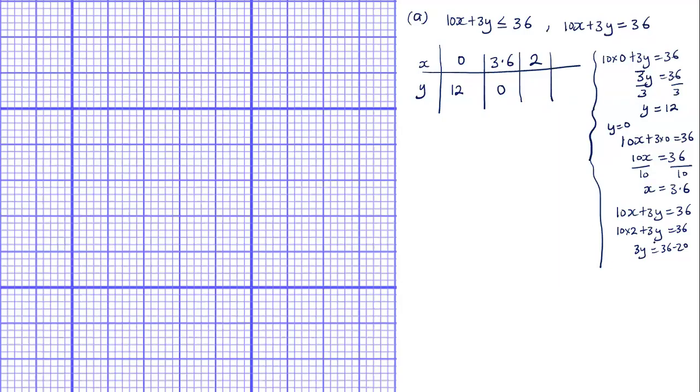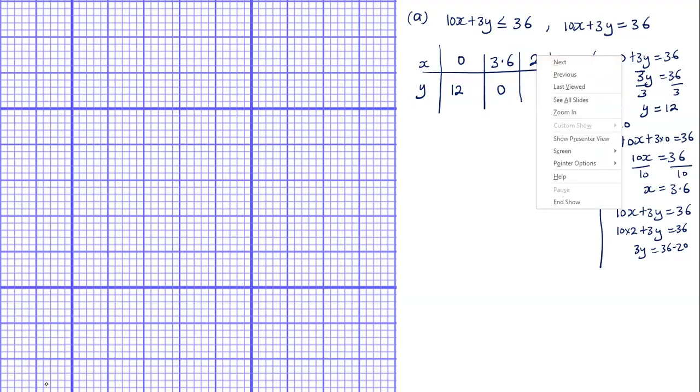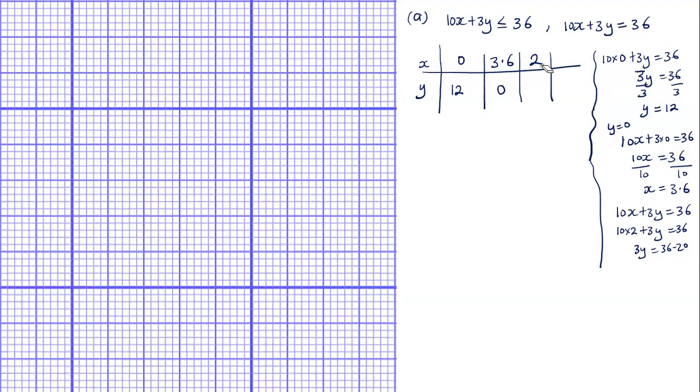Instead, allow me to change. I wanted something that gives us an exact value. So when you look at 2, 2 is not going to give us an exact value because it's going to be 16 over 3. So allow me to ignore this one, and then I can use another one.